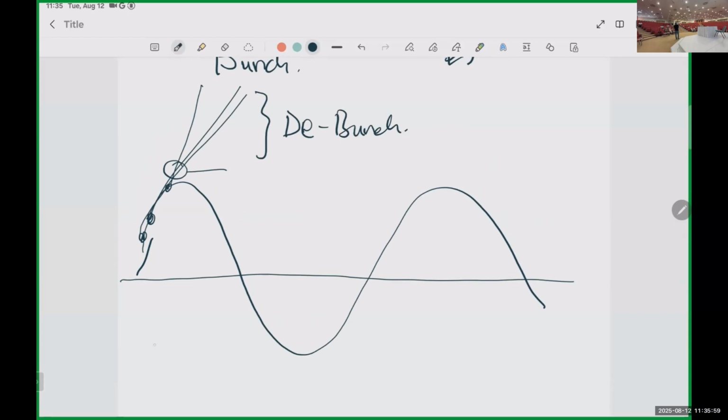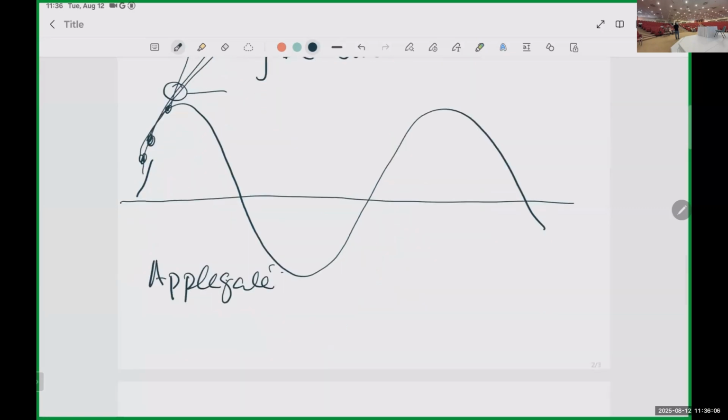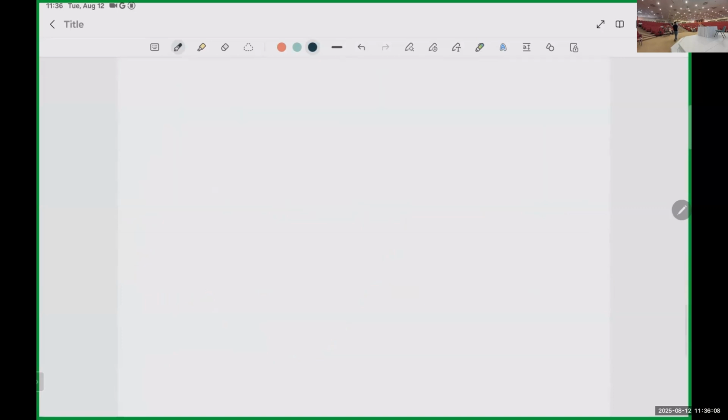This particular diagram is called the Applegate diagram. I don't know why they call it Applegate. The Applegate diagram tells you the distance that is required at a certain velocity for a particular machine.